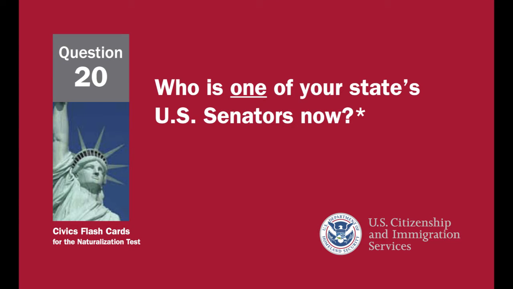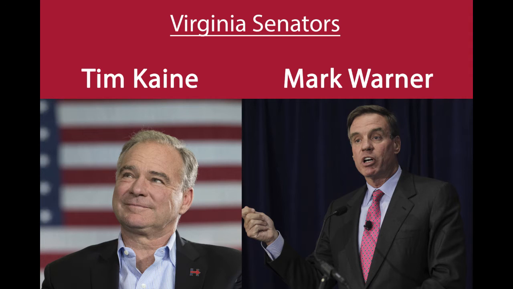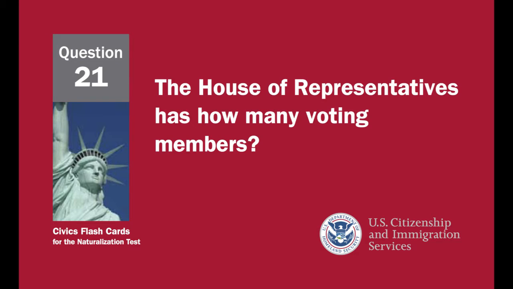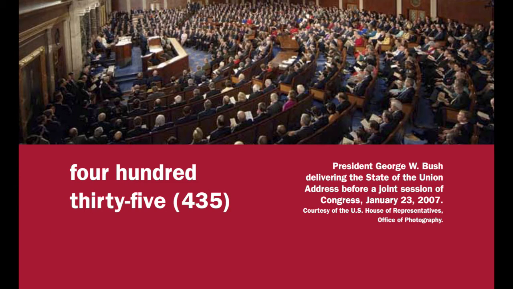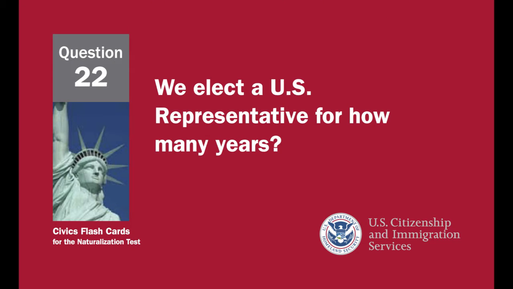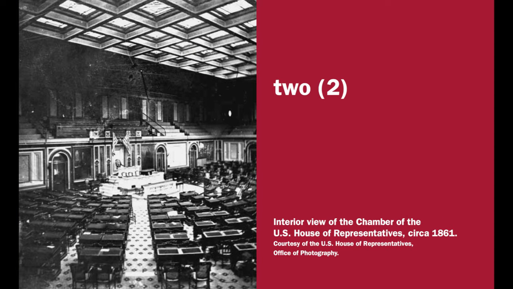What is one of your state's U.S. senators now? Tim Kaine, Mark Warner. The House of Representatives has how many voting members? 435. We elect a U.S. representative for how many years? 2.